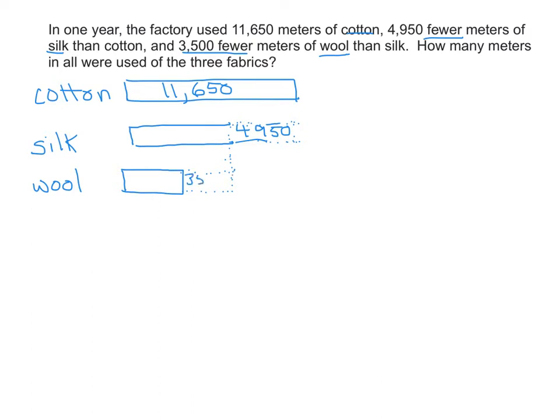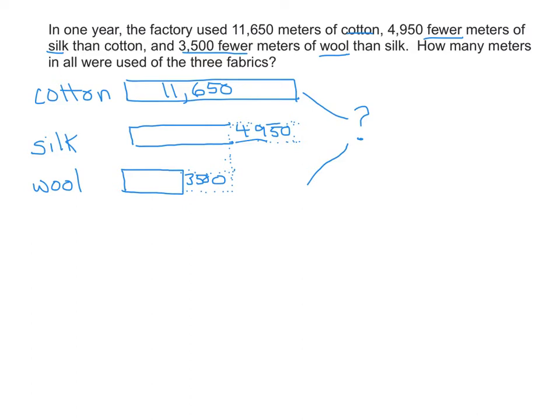If I had 3,500 meters more, it would be the same amount as the silk. And now I need to put in my question mark. How many meters in all were used of the 3 fabrics? So I want to know what is the whole.